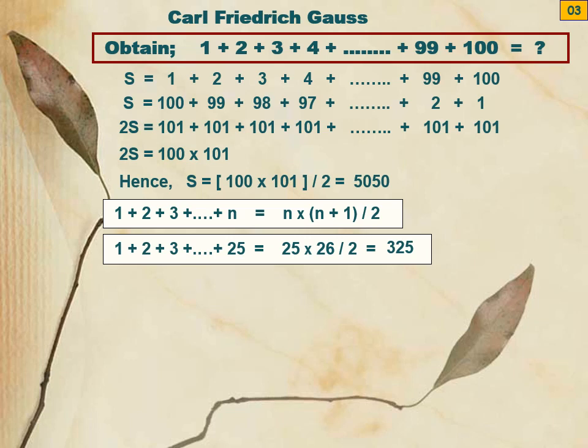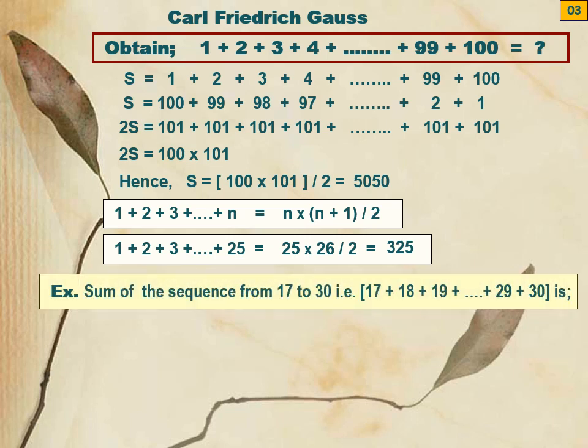Now, using this formula, some good MCQs or questions can be made. I am showing one question, and be prepared for these types of questions in the examination. This formula has been explained to you: adding numbers from 1 to n is equal to n into n plus 1 upon 2. This is the question.